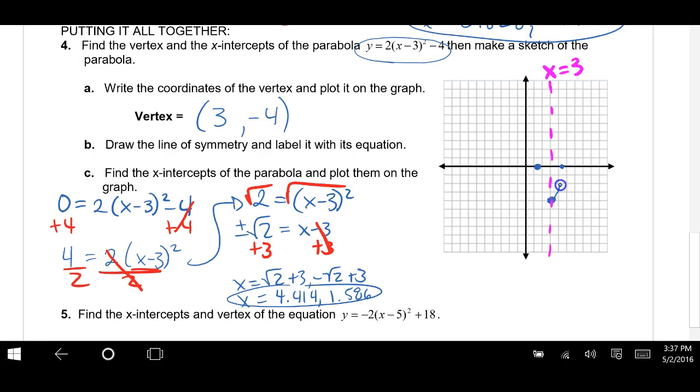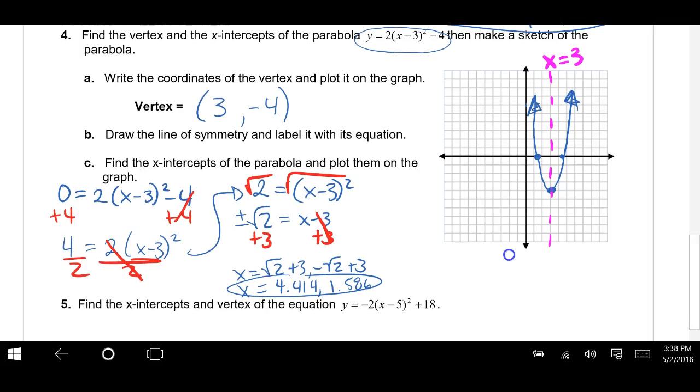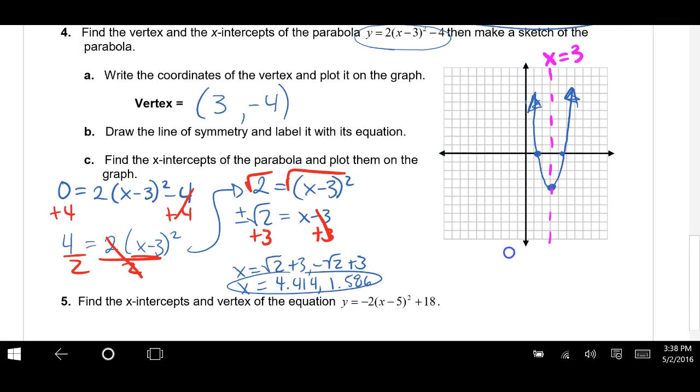And then we can draw a rough graph with just those 2 points without actually making a table. And there's our graph. Okay? So that's how we did it. That's how we just graphed it without actually making the table. Okay? All right, well, that's it.